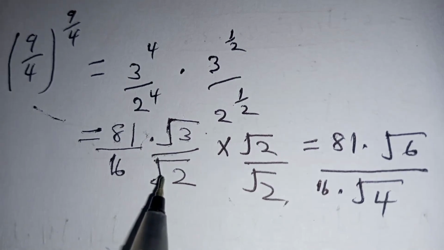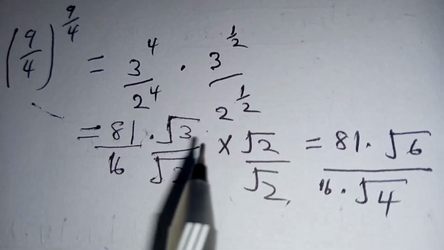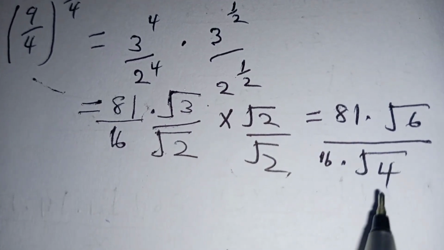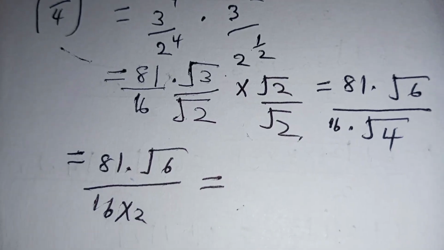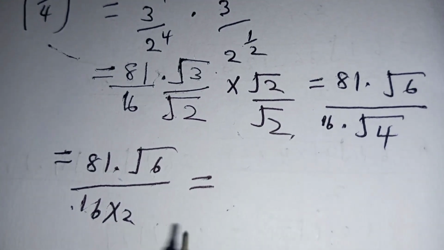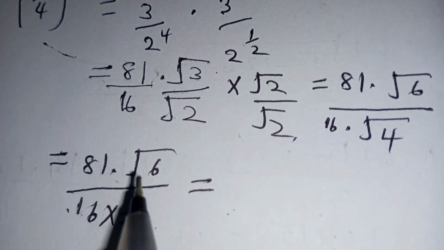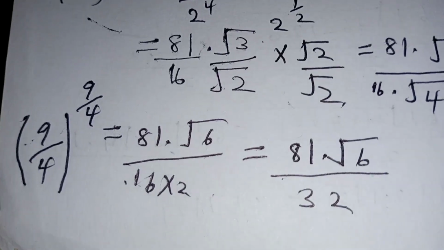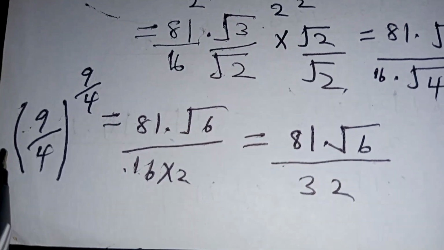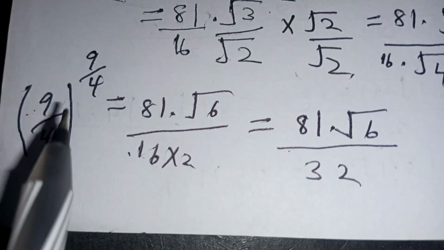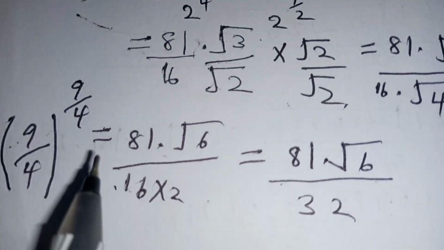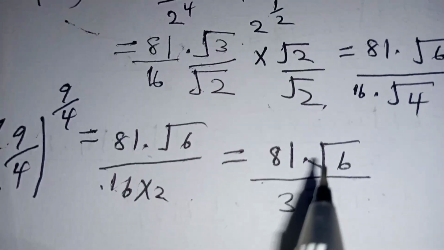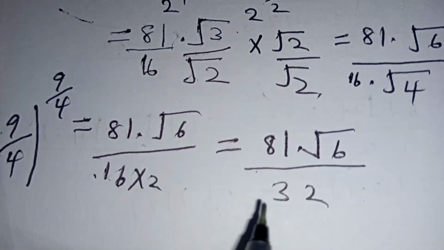So from here we have root 2 times root 2 is root 4, root 3 times root 2 is root 6, root 4 is the same as 2. 16 times 2 is 32. 81 times root 6 will remain as it is. So our equation which you were given, (9/4)^(9/4), has the answer 81 root 6 divided by 32.